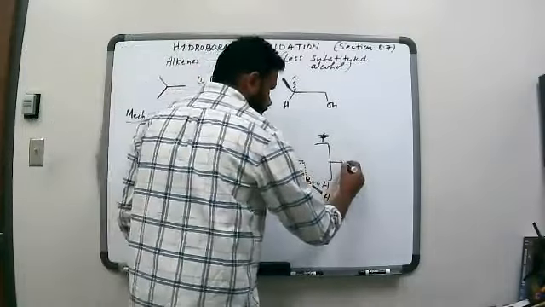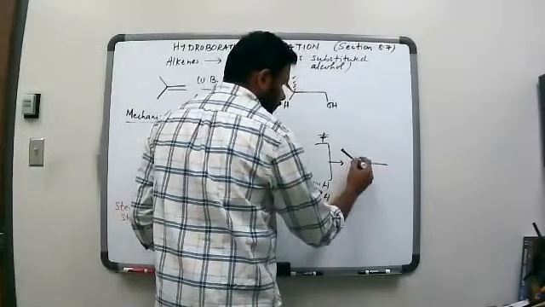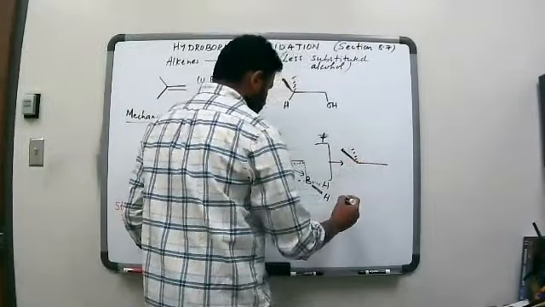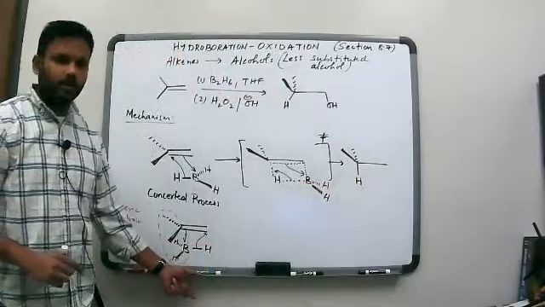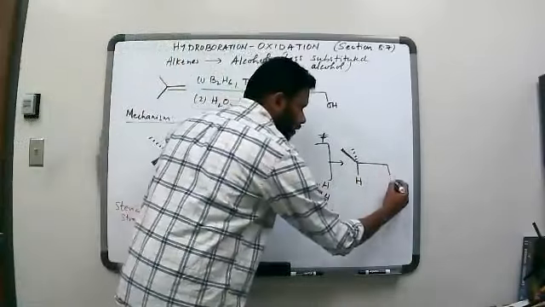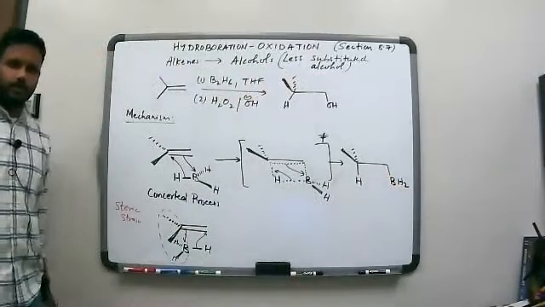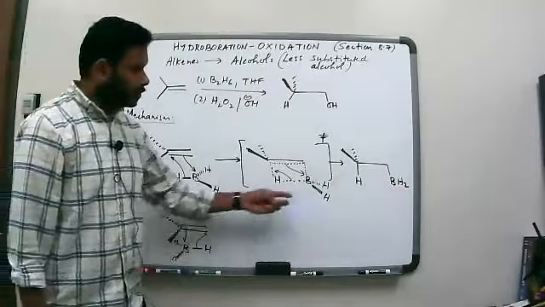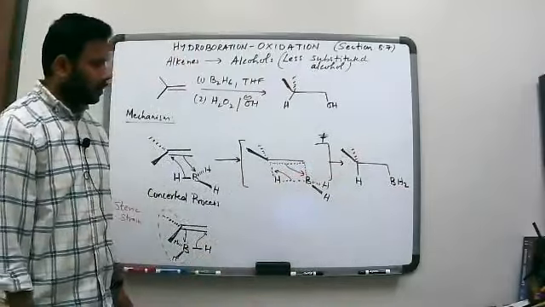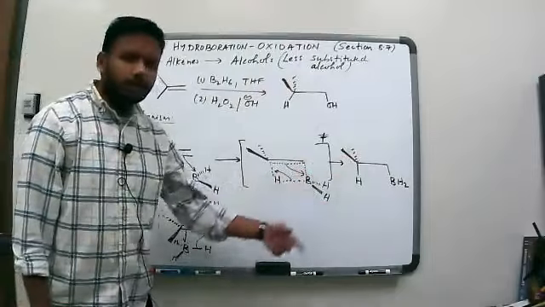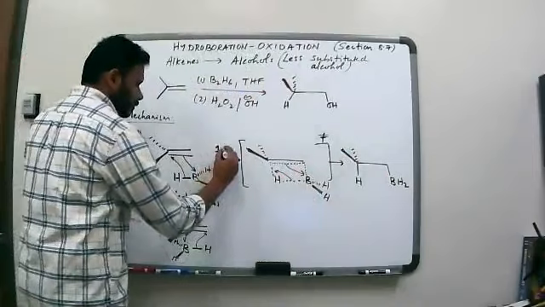The complete transfer happens, and so what we get is a species where the hydrogen is now added to the more substituted carbon, and the boron is added to the less substituted carbon. So that gives us the addition of the borane to that alkene. And so this is all of step one.